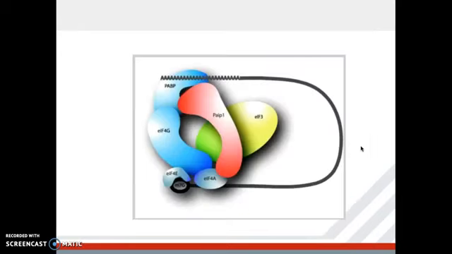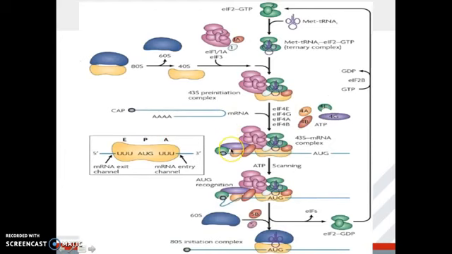Now there's a protein called poly A binding protein, or in short PABP. Now this poly A binding protein binds specifically to the poly A tail of the mRNA, which in turn will bend the whole mRNA forward, and this protein binds specifically to eIF4G, the scaffolding protein, or the one in purple here.